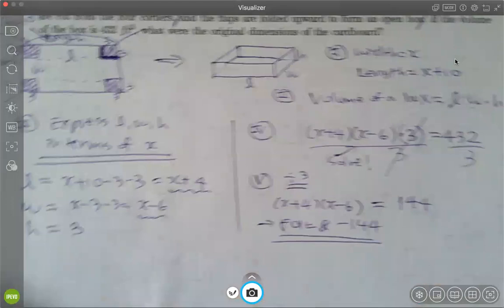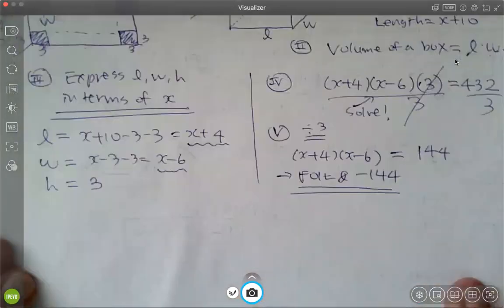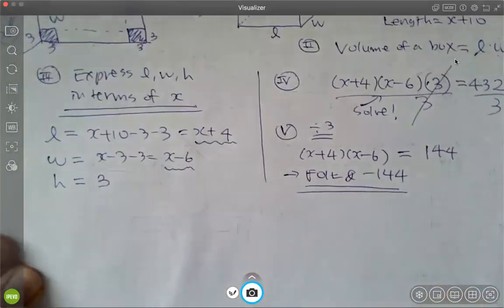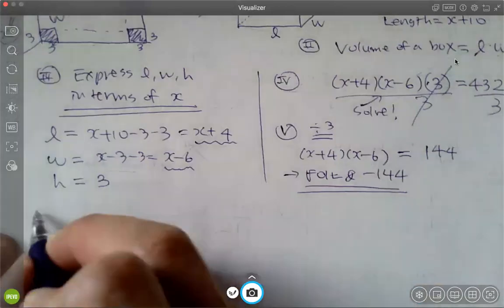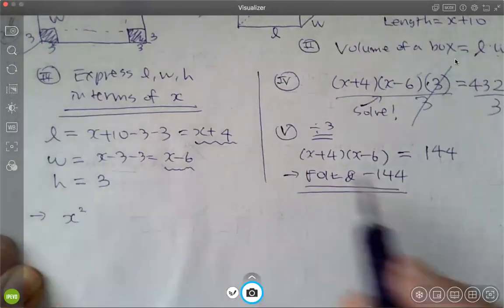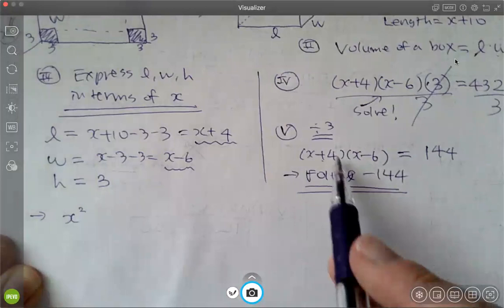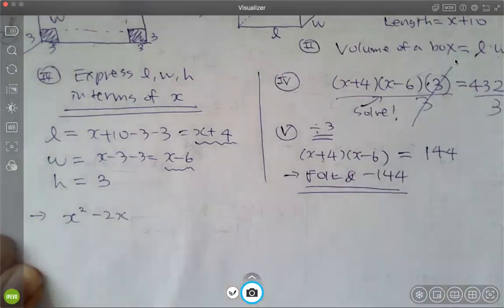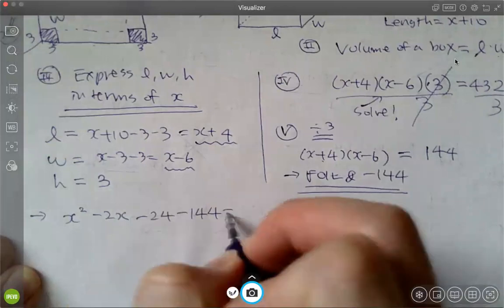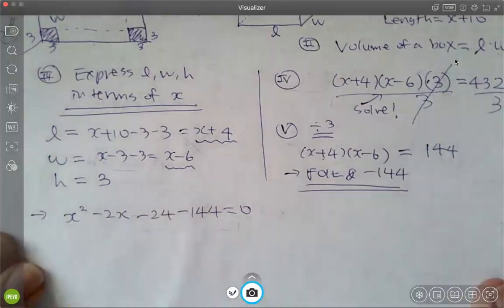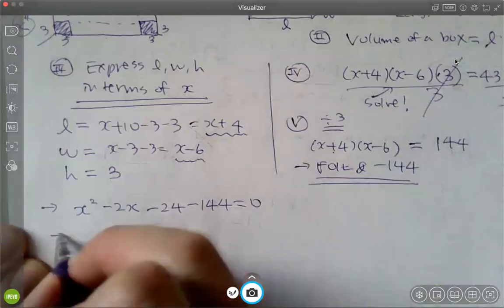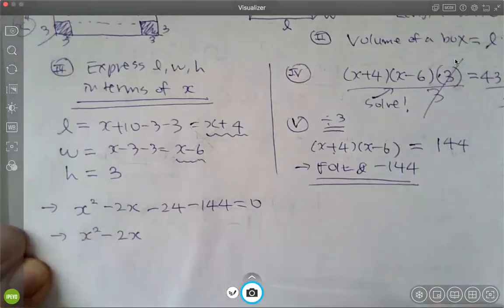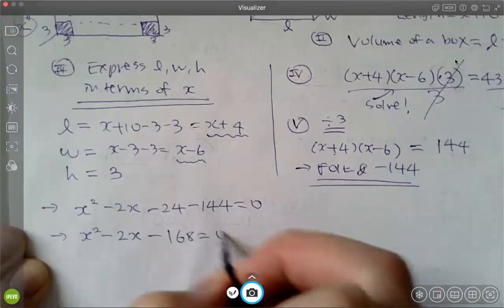So what do you get? Let's go to this side. We have x squared, and now minus 6x plus 4x, so that becomes minus 2x, right? And then minus 24 minus 144 is equal to 0. So by combining like terms, we have x squared minus 2x minus 168 equals 0.